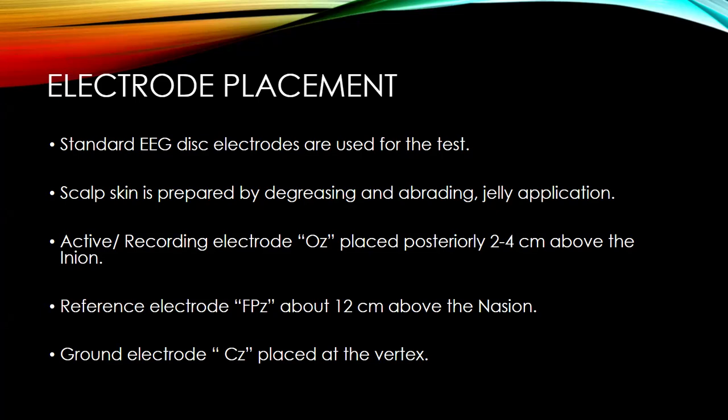Again, the same thing has to be done as with the scalp electrode, where we do degreasing and abrading and placement of the electrode. The ground electrode CZ is placed at the vertex. There are different other types that we usually use based on the patient's visual acuity, and it depends on other aspects also.